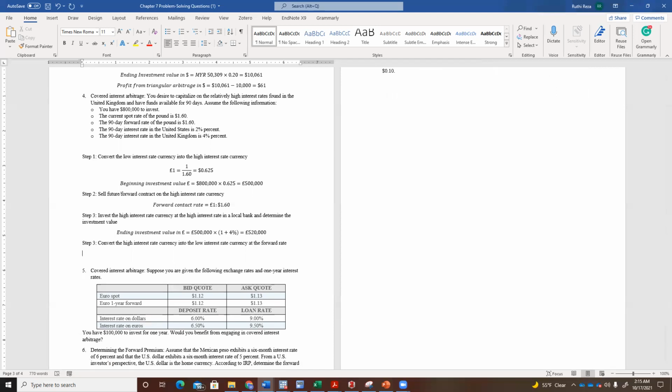Okay. So after the 90-day investment period, we are going to convert our pound, which is 520,000 pound, into dollar. And the rate we are going to get is the forward contract rate, which is 1 pound is equivalent to $1.60.